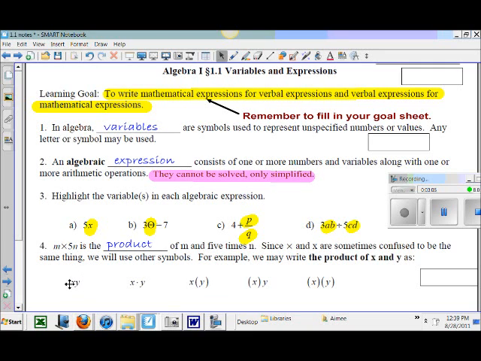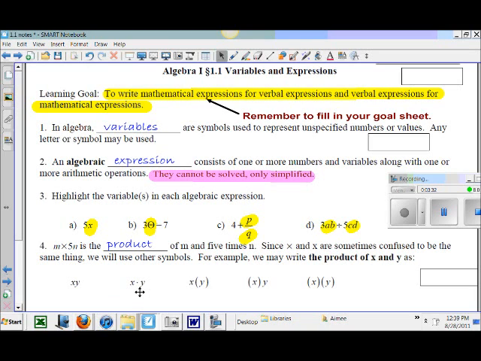First of all, if we see something like xy here, you'll notice there is no symbol between them. That means it's understood to be multiplication. Obviously, you couldn't do that with numbers. If I put a 5 next to a 3, that's represented as 53, not 5 times 3. So the lack of a symbol can only be used between variables, or a number and a variable, not two numbers.